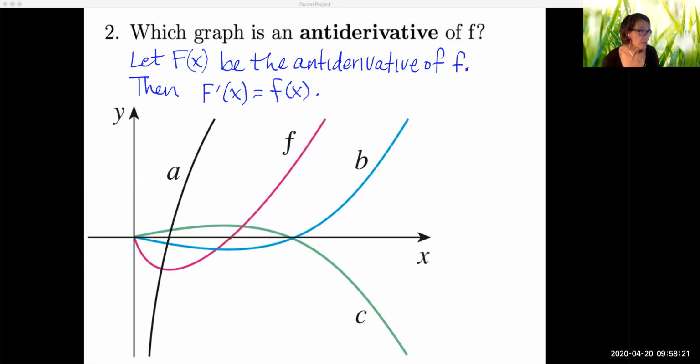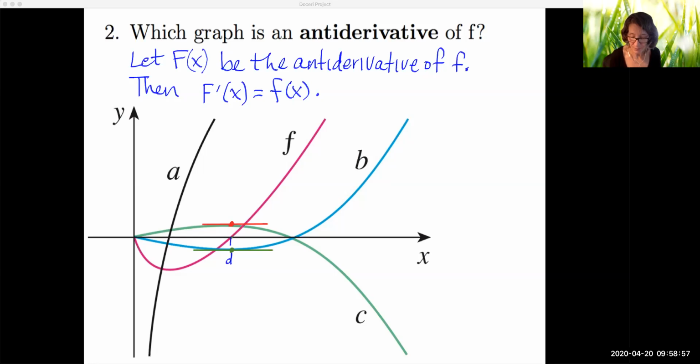When you look at the place where little f crosses the x-axis, let's call that point D. Little f is capital F prime, so little f of D is 0. So if we look at the two graphs that have horizontal tangents there, those are candidates.